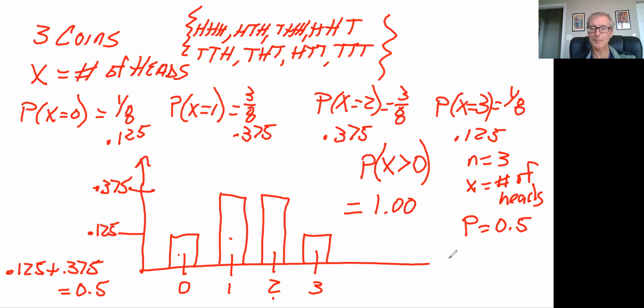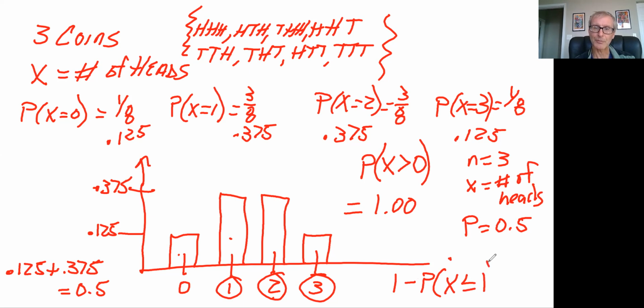Greater than 0 would be 1, 2, and 3. So we don't have a greater than in the spreadsheet. So how do we do greater than? Well, remember, all of them are equal to 1. So we could do 1 minus the probability of X less than or equal to 1.